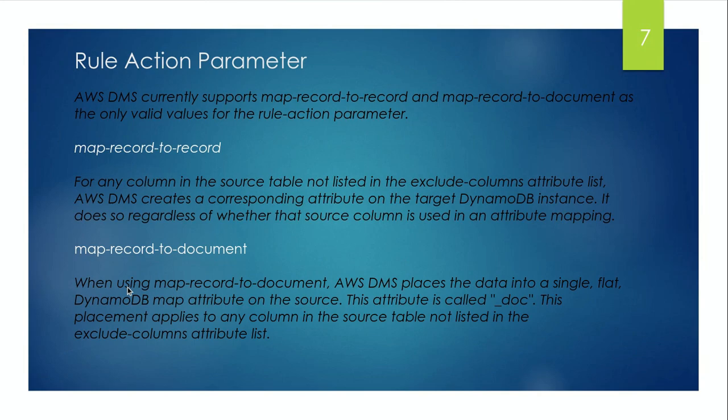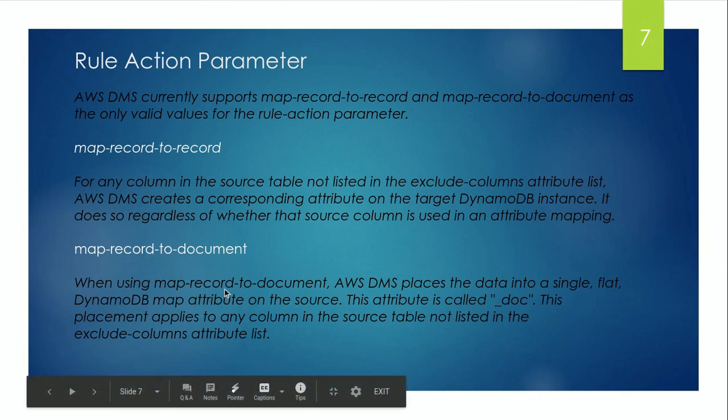You may put them under different names, or you can just exclude these columns from the output. So for the source columns not listed in the exclude column list, DMS will put them under _doc. We'll also show you what it looks like in real life.